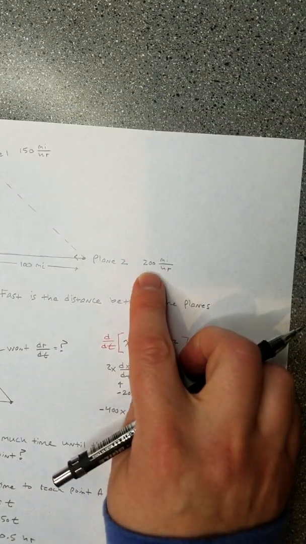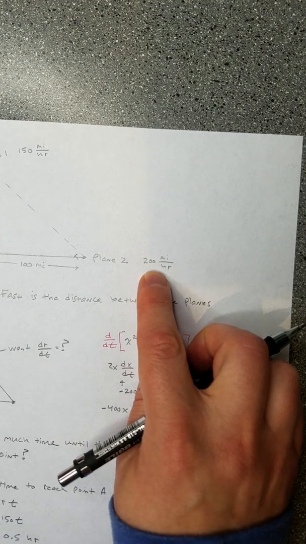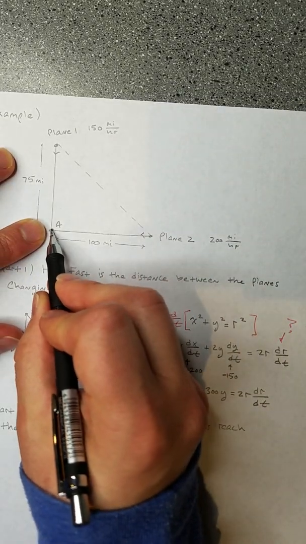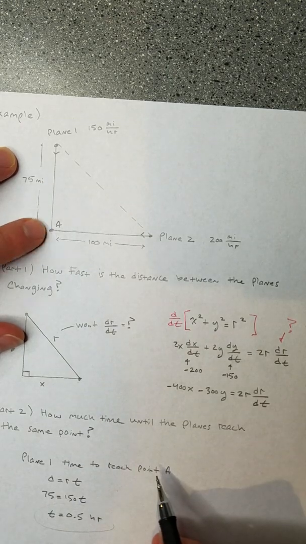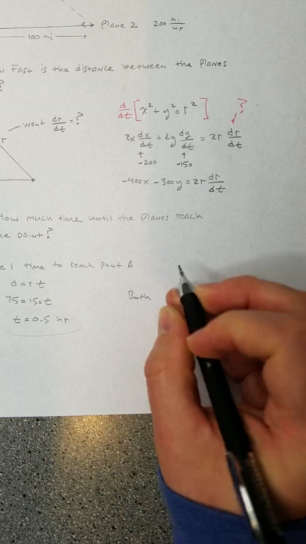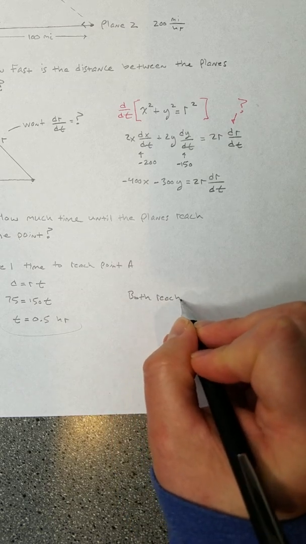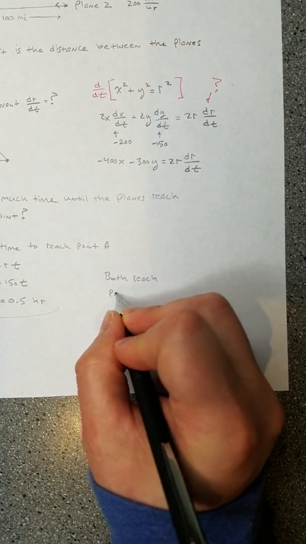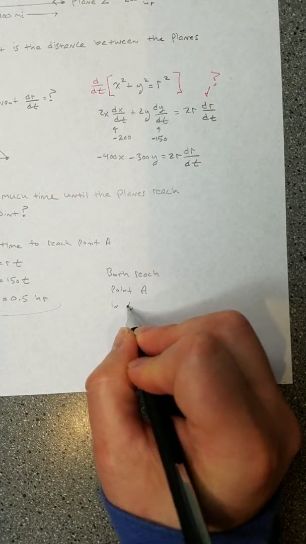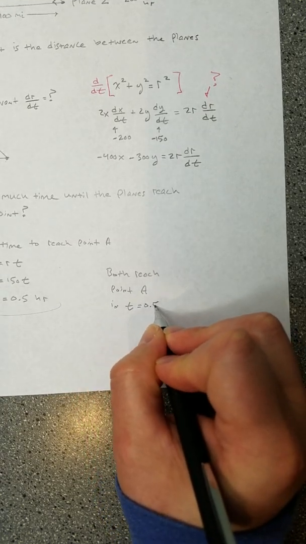If this plane flies at 200 miles an hour for half an hour, it will fly 100 miles. It will reach that point at the same time. So we'll say this: both reach point A and t is equal to 0.5 hours.